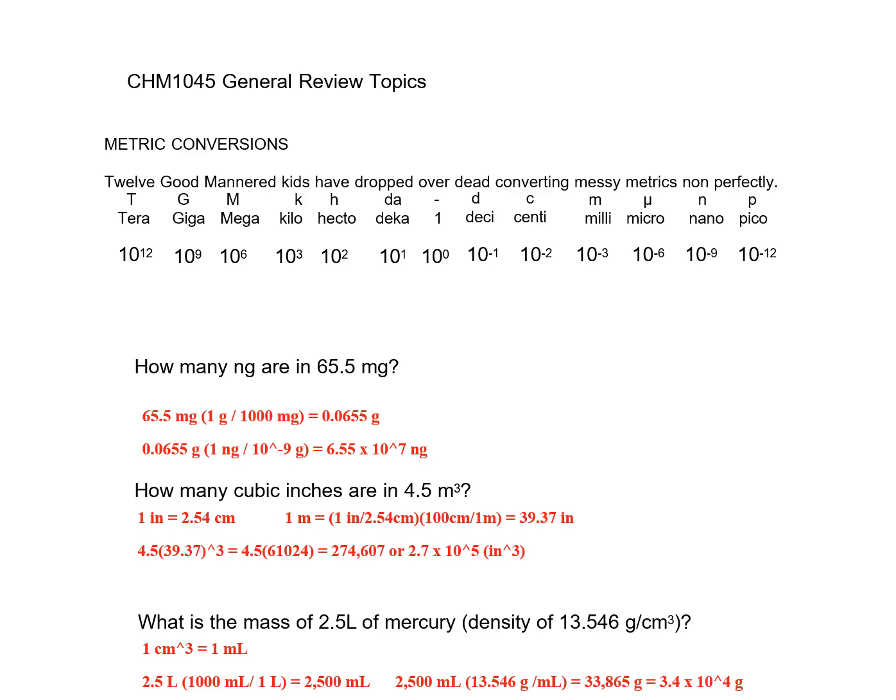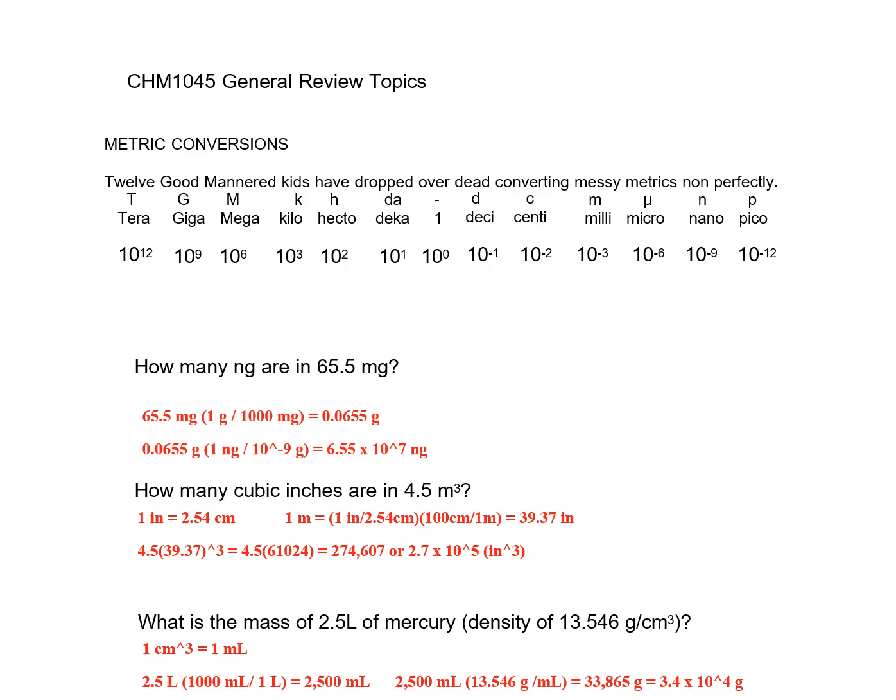I multiply by this number, but we have to raise it to the power 3, and after that we get cubic inches. So 4.5 multiplied by 39.37 raised to the power 3, and our final result is 2.7 times 10 to the power 5 cubic inches.